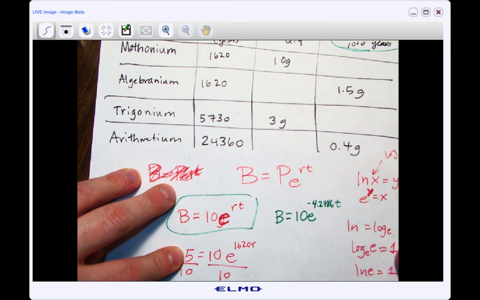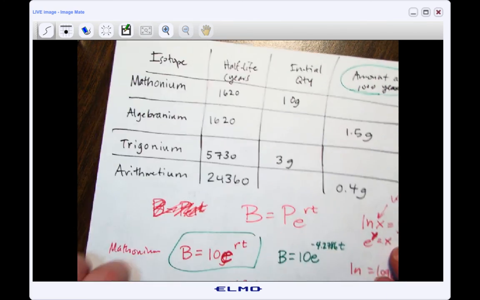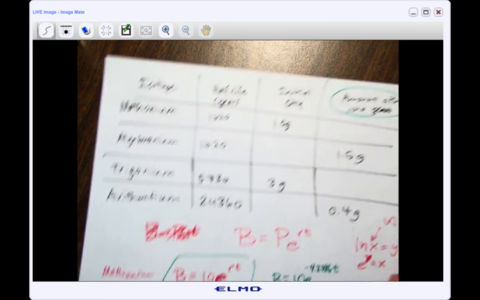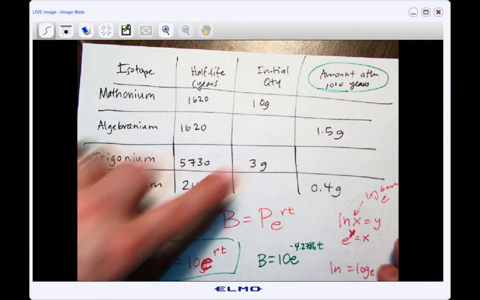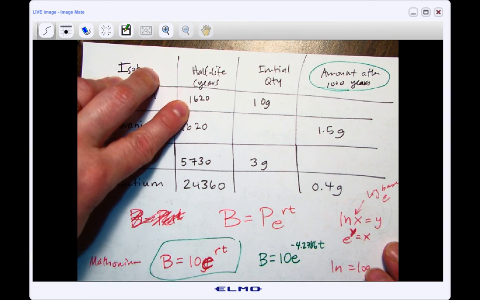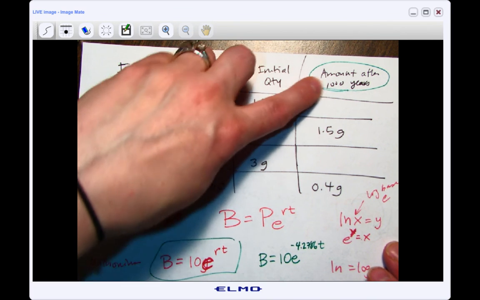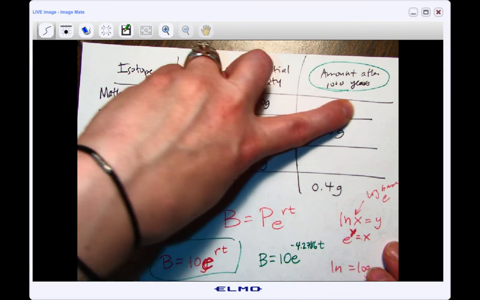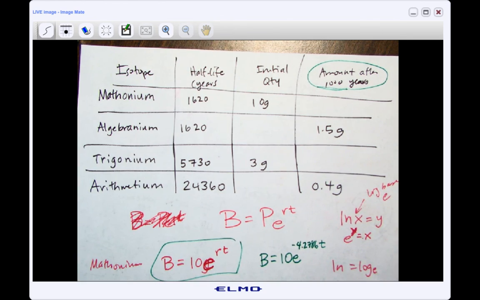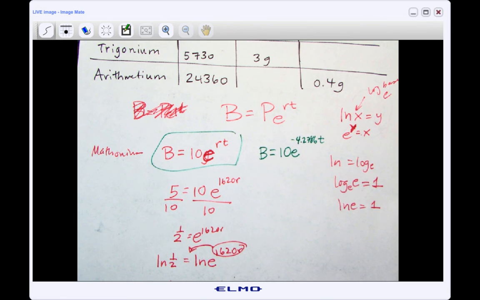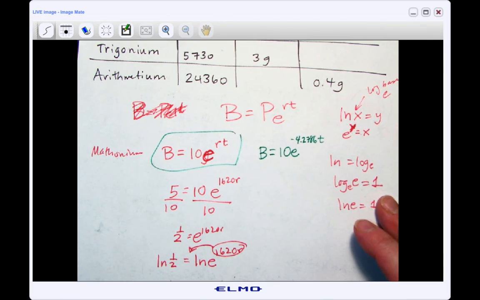So we said the half-life is 1620, and that will leave us with 5 grams of material left, right? This is only 1,000 years, and this is 1620. So to get down to 5, it took us 1620. So this should be a little more than 5, right? This should be more than 5, between 5 and 10. So I just do that so that I have some idea what my answer should be, so that I know if I got it right, okay?